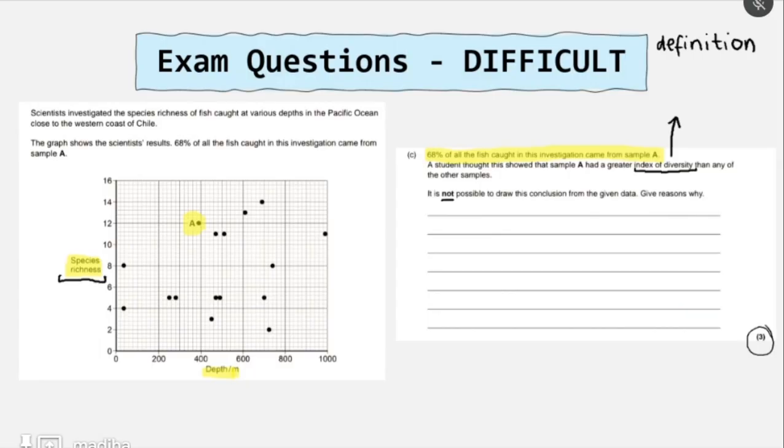What else have we talked about today that isn't specifically mentioned in the specification, but is useful to know, because knowing this will help you answer the question? Think about what is given to you. We have species richness. What is not given to us that we also know increases biodiversity? So we'll say other factors. And just look at the different samples as well. See what this shows compared to sample A, okay?